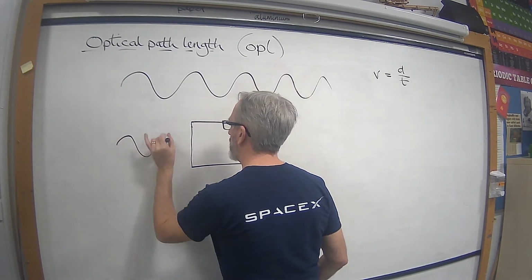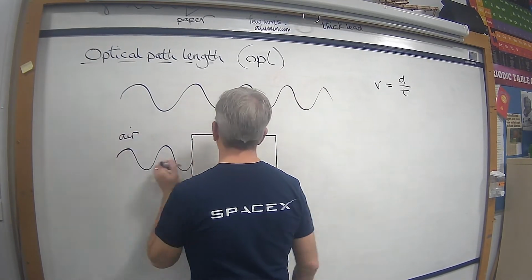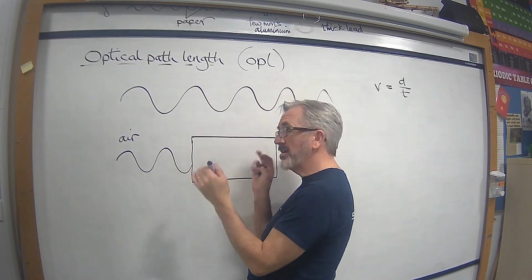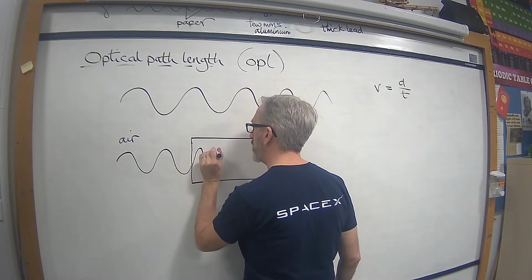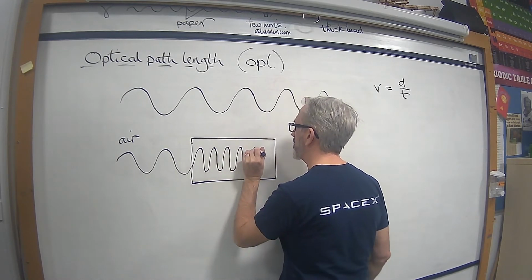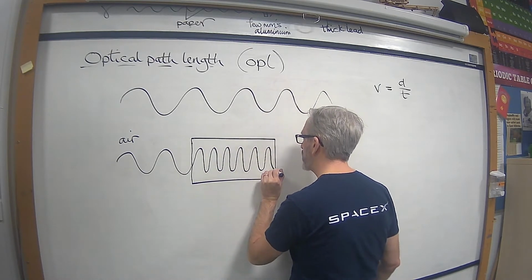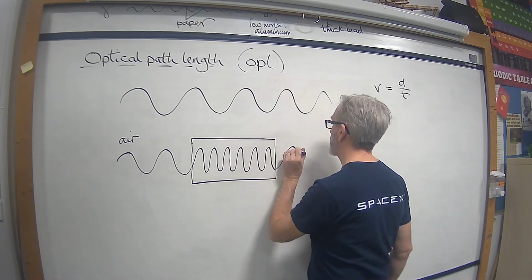If light is going from air into a more dense medium, what did we tell you in third year? We told you that that light slows down and bunches up. The wavelength gets shorter and the speed slows down, and then when it exits the glass, it returns to normal again.